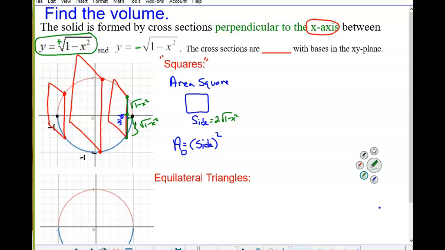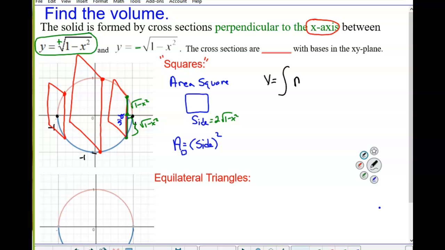But the important thing here is when we talk about length of a side, if I'm going up or going down, it's always positive, which is how long it is. So we are double the length of this green distance, so I've got the square root of 1 minus x squared, doubled.